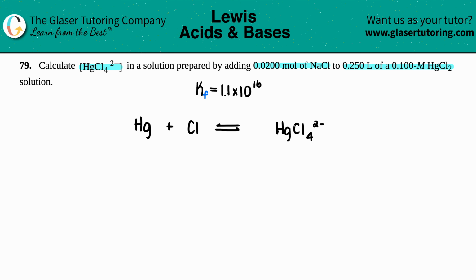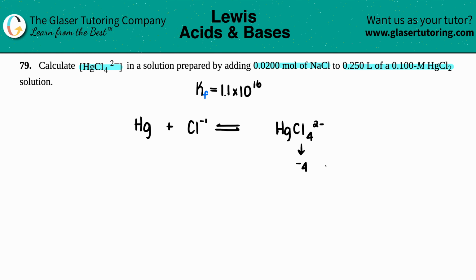Now, we do need charges here, but we can figure it out from the complex ion, right? Chloride ion, anytime that it's bound with the metal, it's always in group 17. That means that it has to be a -1 charge. So if there are 4 chlorines here and each one is a -1, that means that there's an overall -4 charge here because 4 times a -1.